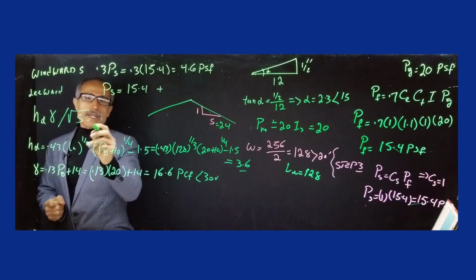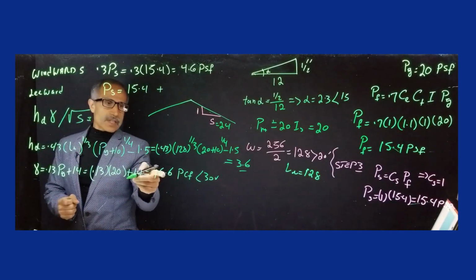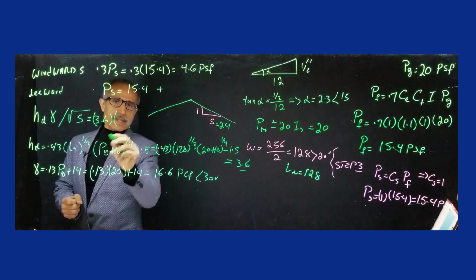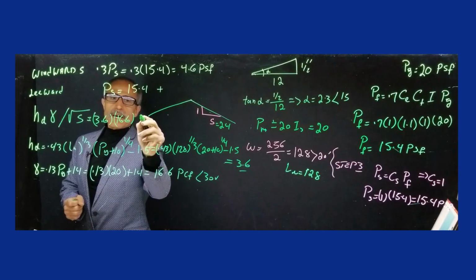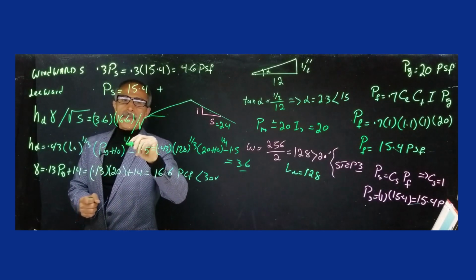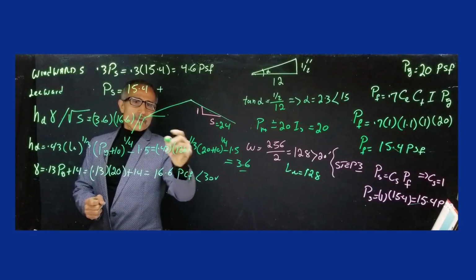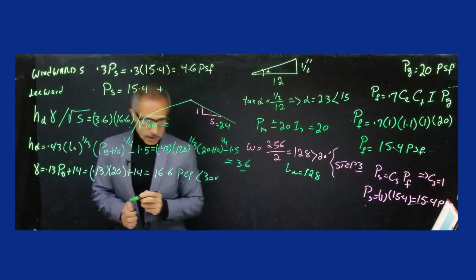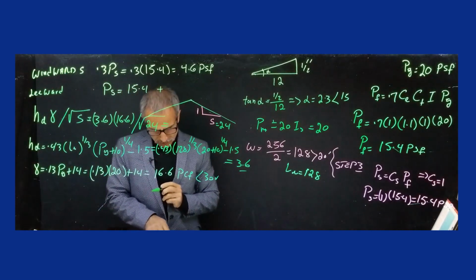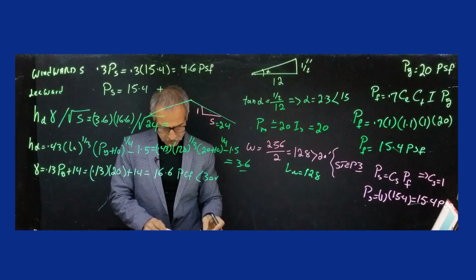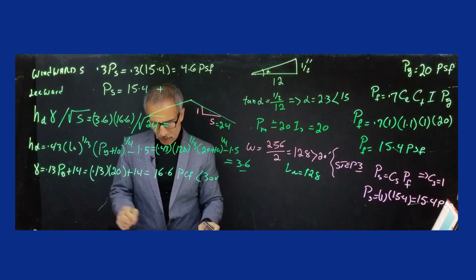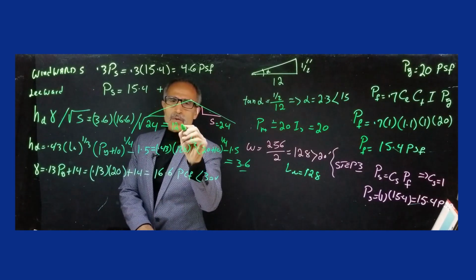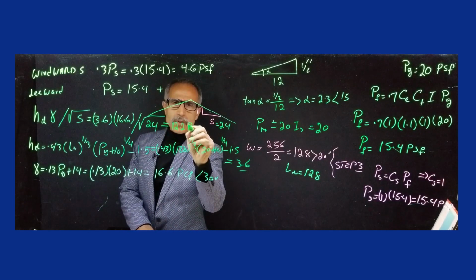And now I'm going to come back and calculate this, and this becomes HD 3.6 times gamma 16.6 divided by square root of 24. And therefore this comes out to 12.2 pounds per square foot.